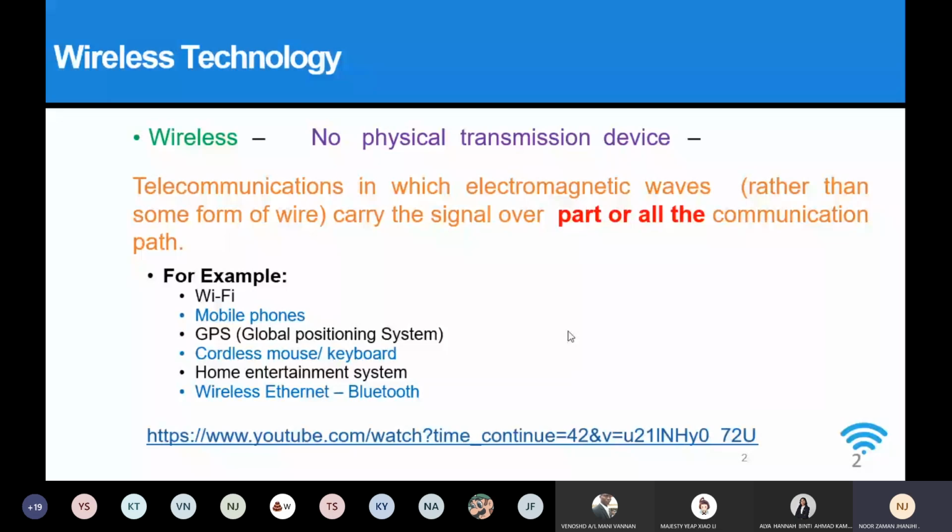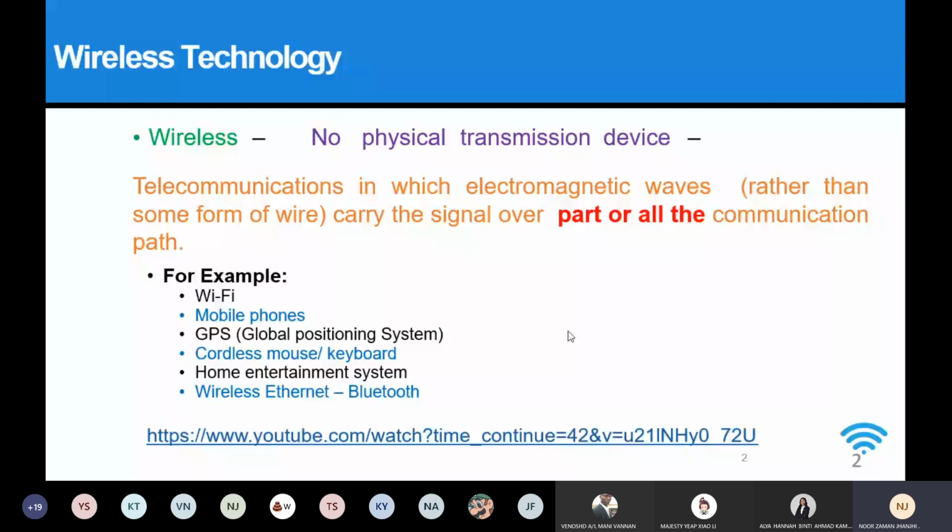In that particular case, we can say that this network is completely wireless. This is why we highlighted part or all of the communication. I hope you understand the difference between partially wireless and 100% wireless.